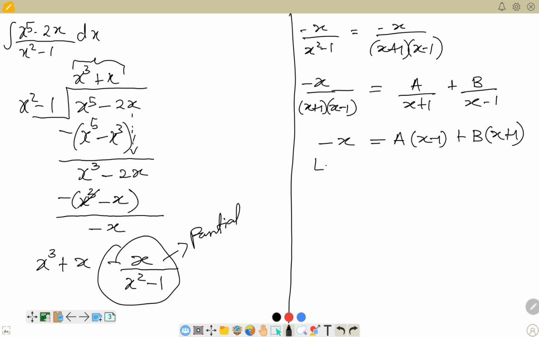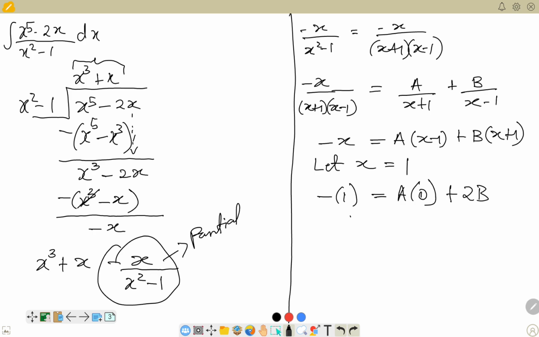We can do that by firstly letting x be 1. If we let x be 1, wherever we see x, we place 1 in our equation. Then on a, we can see that x minus 1 will give us 0, because 1 minus 1 is 0. Then this side we will have 2b.